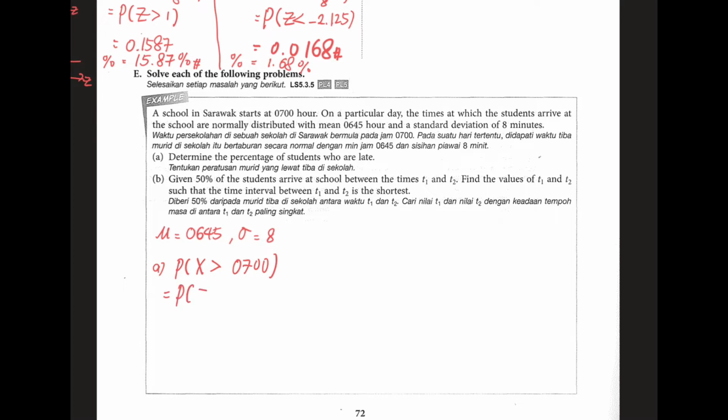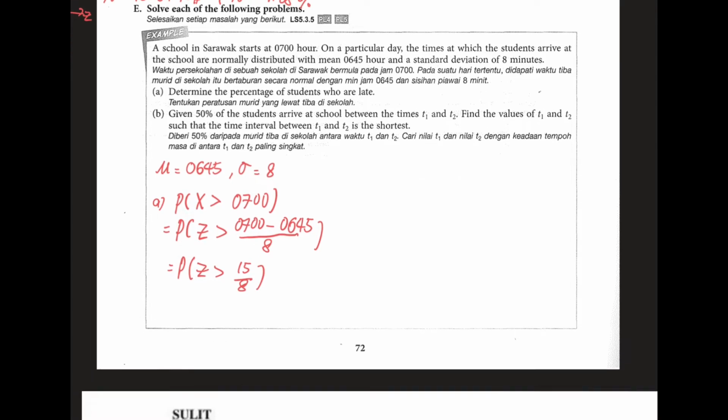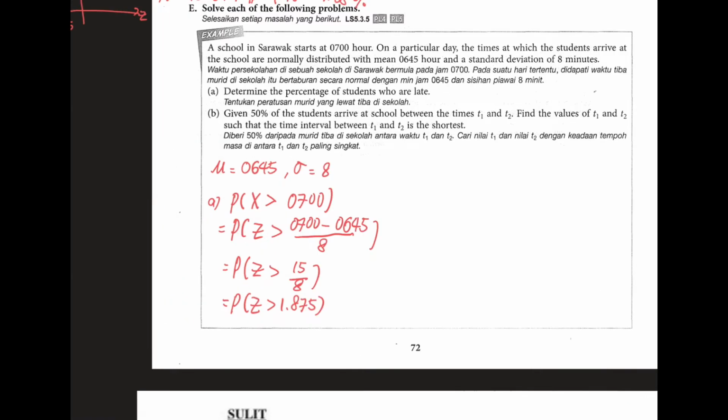P(Z is more than (7 o'clock minus 6:45) over standard deviation 8). 7 o'clock minus 6:45 is 15 minutes. So 15 over 8. Now 15 divided by 8, we get 1.875.